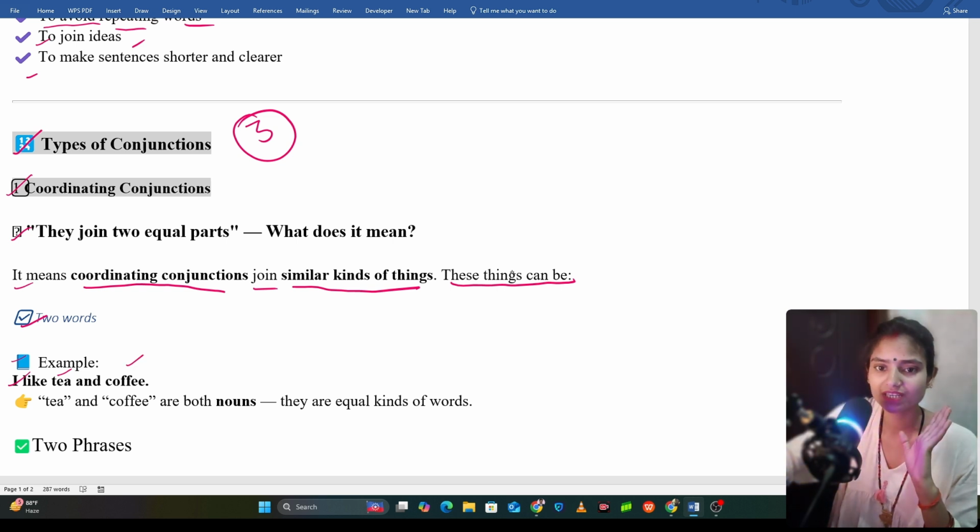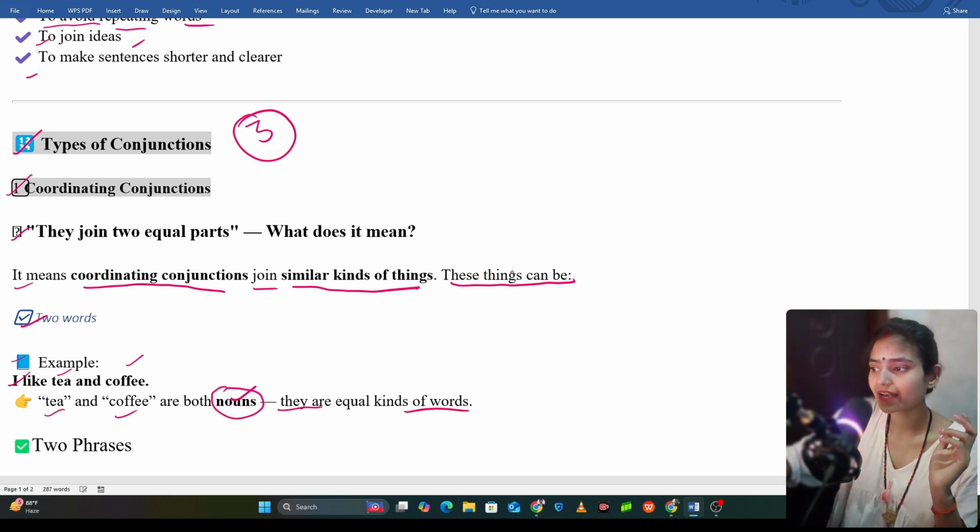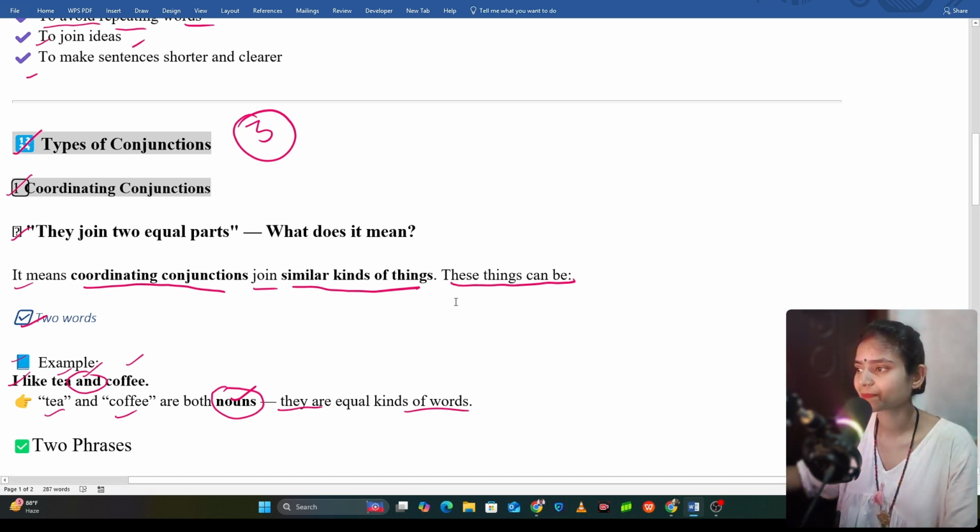Tea and coffee are the same kind of thing, they are nouns, equal kinds of words. Here 'and' is our conjunction, and it is joining similar kinds of things.